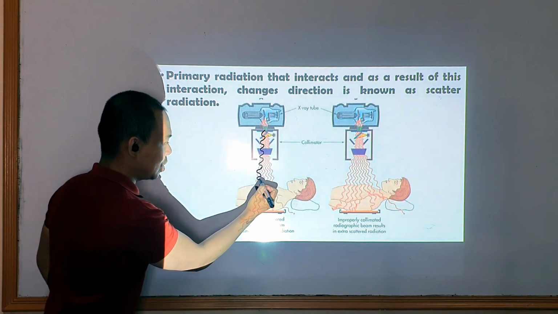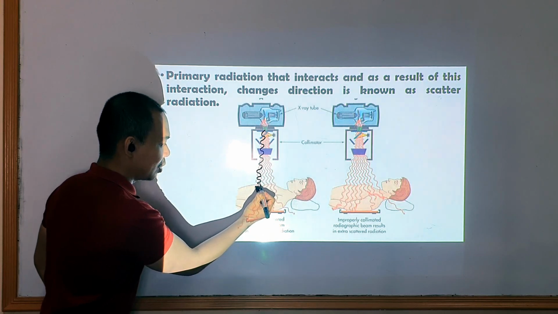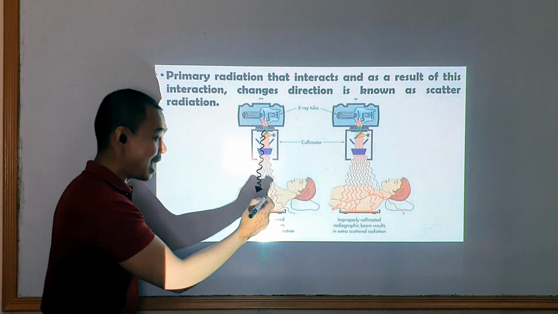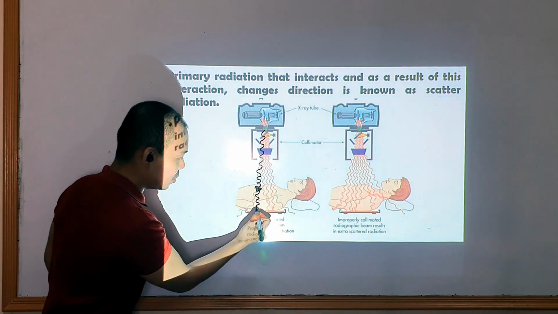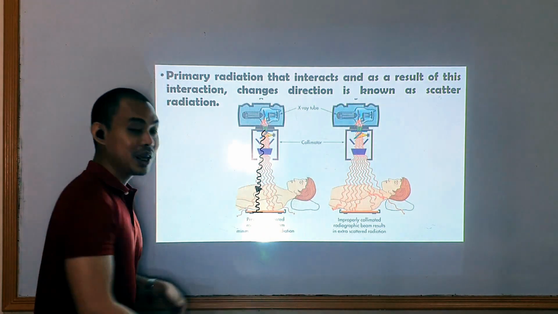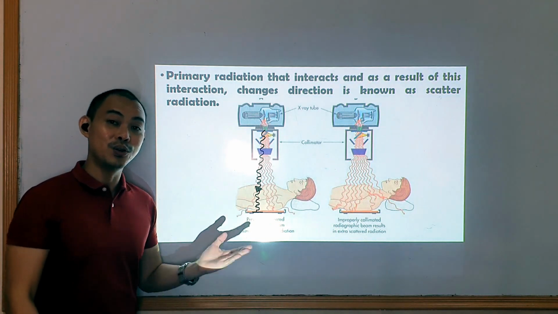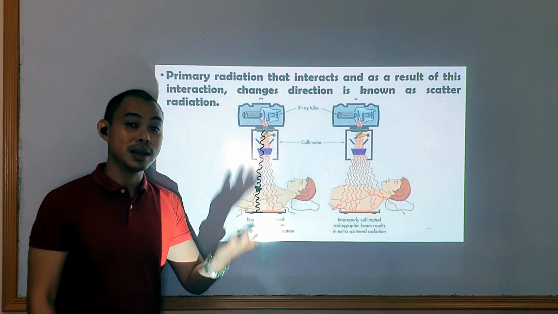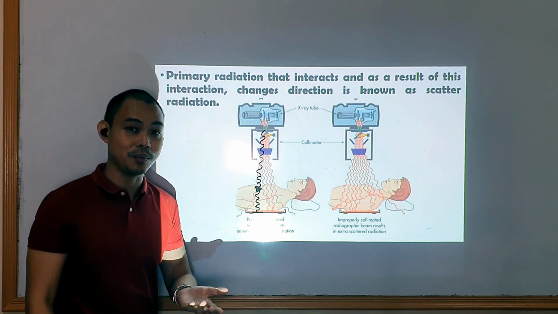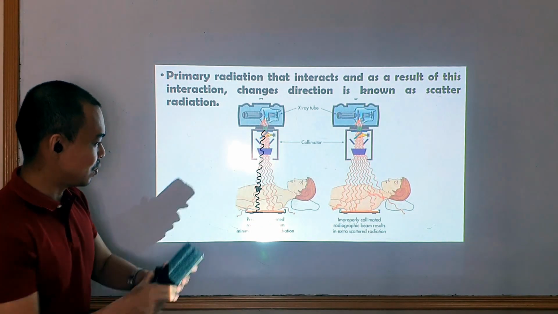It goes to the liver, gets that information, and then it has sufficient energy to reach your image receptor. And that information is going to be registered on your image receptor, which is your X-ray cassette, which contains your X-ray film.